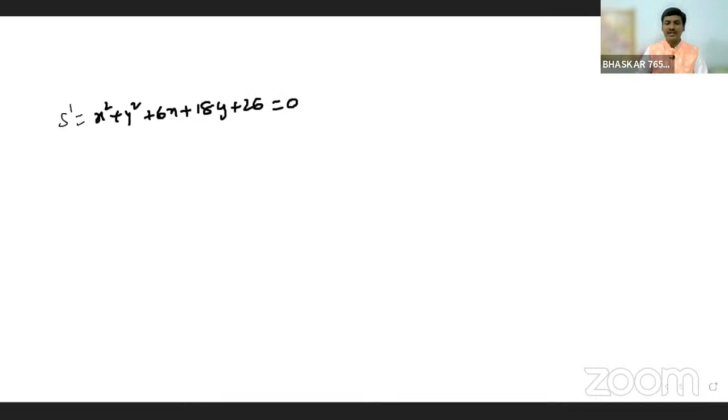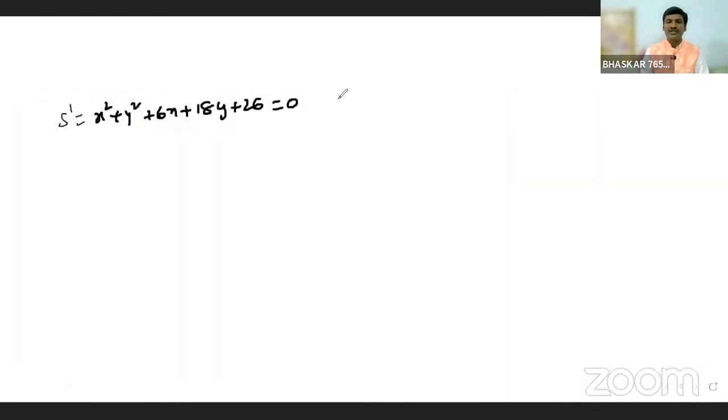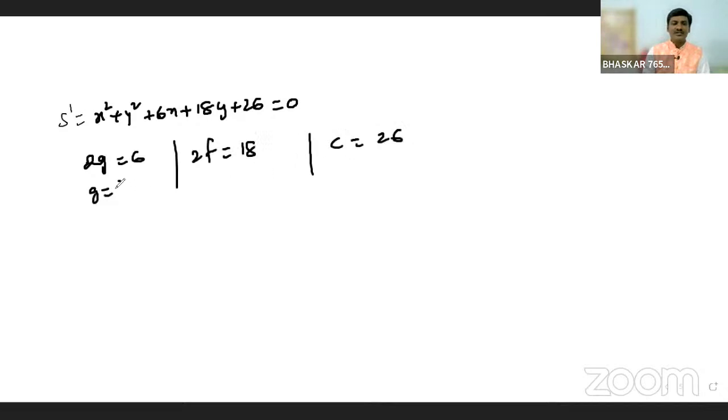This is the second circle, and for this second circle also, we have to compare. By comparing here, 2g is equal to 6, 2f is equal to 18, and constant c is equal to 26. Here g is equal to 6 by 2, which is 3, and f is equal to 18 by 2, which is nothing but 9. The c value is as it is.